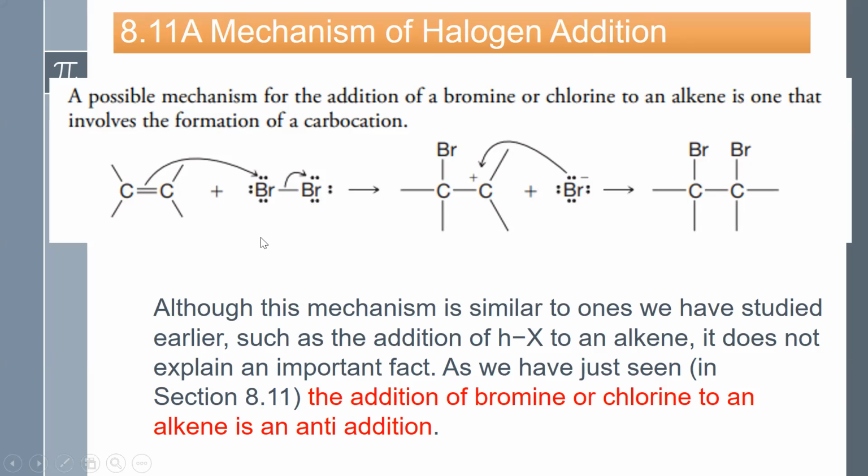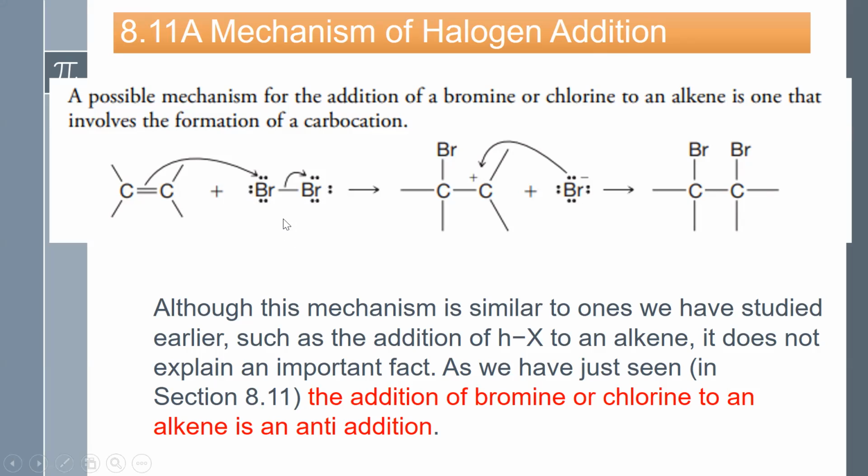Like, for example, if you have HBr, you would know which atom would bear the partial negative charge, and the hydrogen will bear the partial positive charge. But in this case, you don't know. There is no permanent dipole. One of the electron densities would be directed to one bromine, the other to the other bromine.